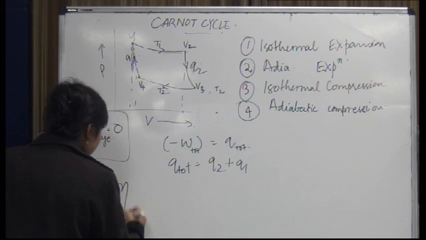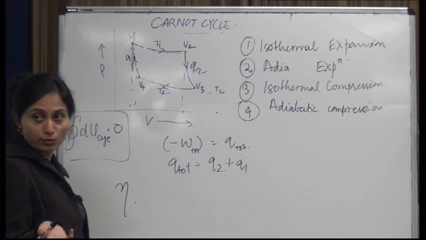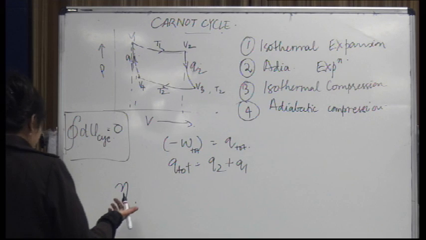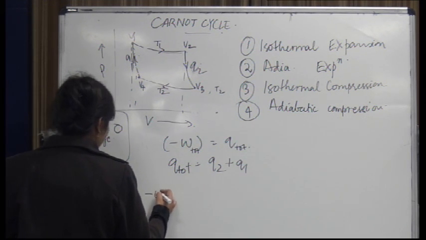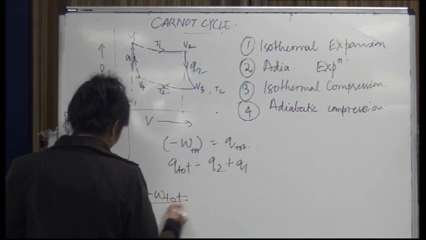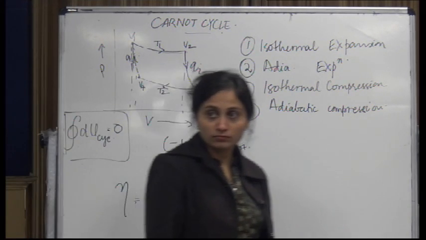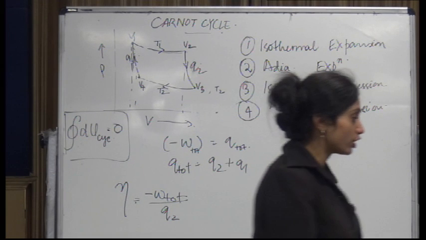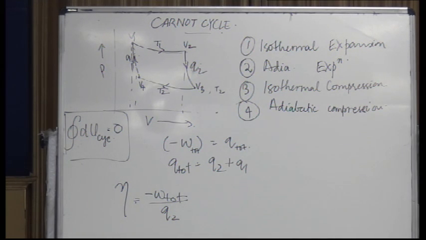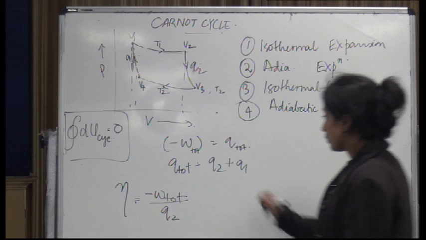And your efficiency of the Carnot engine, which is important from thermodynamics point of view, is given as minus W total upon Q2. That was the initial heat of the system. And what is minus W total? That can be written as Q1 plus Q2.